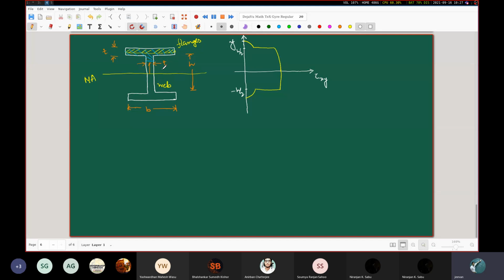The first thing is that when we are drawing this kind of a profile for the tau xy along the y direction, again you must understand that we are obtaining these plots or the corresponding expressions by considering this mid zone. Okay, we are obtaining these expressions by considering this mid zone.